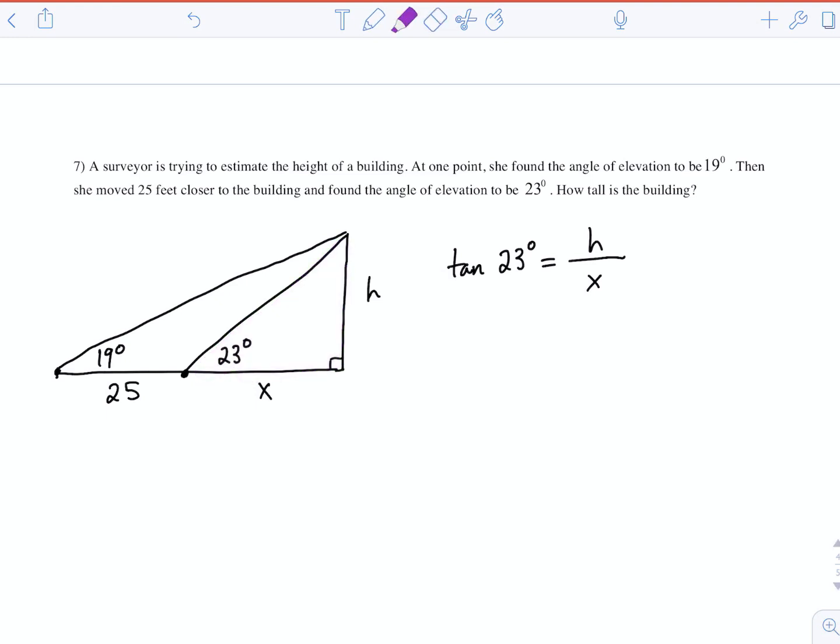All right, now use the whole triangle, and then that's going to be using the 19 degrees. So then it's going to say tangent of 19 degrees equals opposite is h, and then the bottom would be 25 plus x, or in other words, x plus 25.